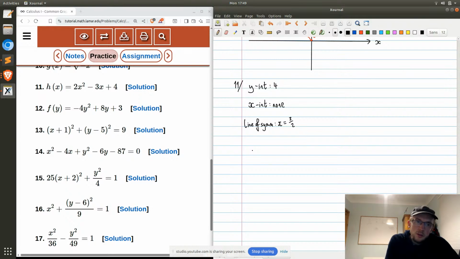Oh no. Square 3 over 2. All right, 9 over 4. Double it, 18 over 4. 9 over 2. 9 over 2 take 3 times 3 over 2 is 9 over 2 take 9 over 2, which is 0, so 4.